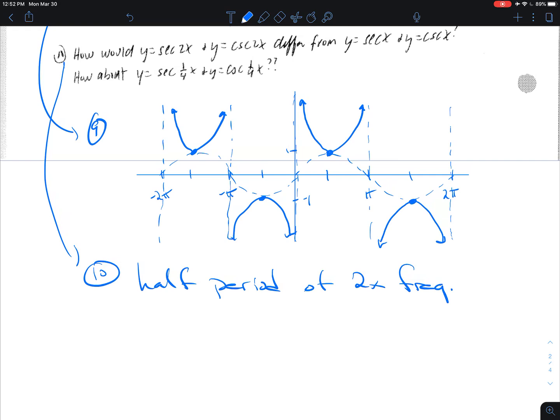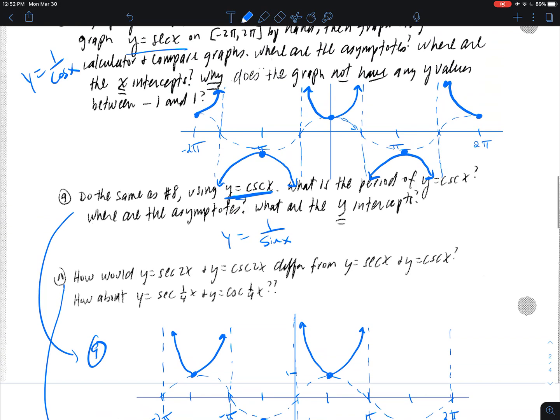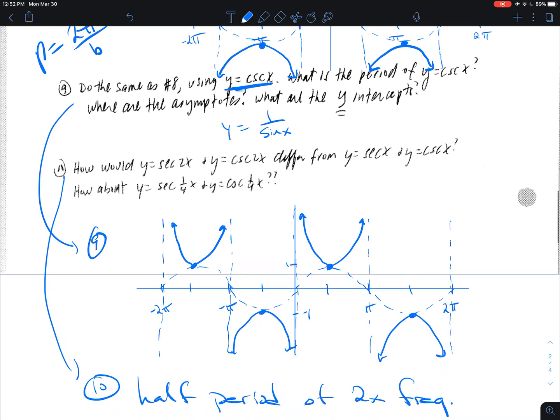So I guess that's one thing to mention, is that the period for these two graphs is the same as sine and cosine. 2 pi over b, because it took 2 pi for the picture to repeat what it was doing. Right? Just this branch here, as I go down here to this one, the graph hasn't repeated yet. It's not until I start here again that I've repeated what I started over here.